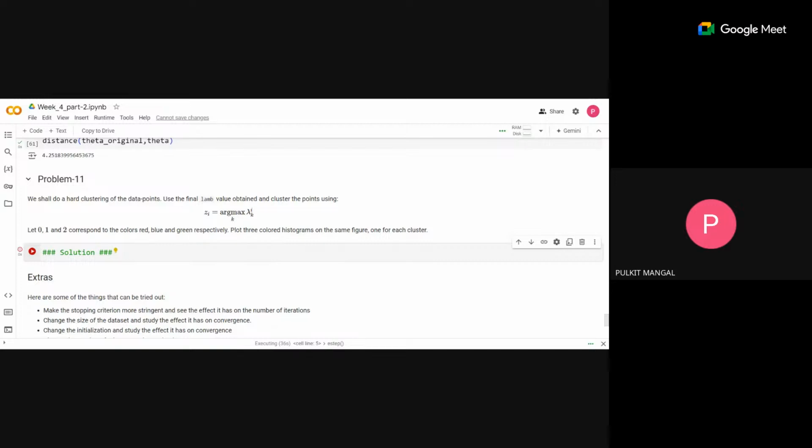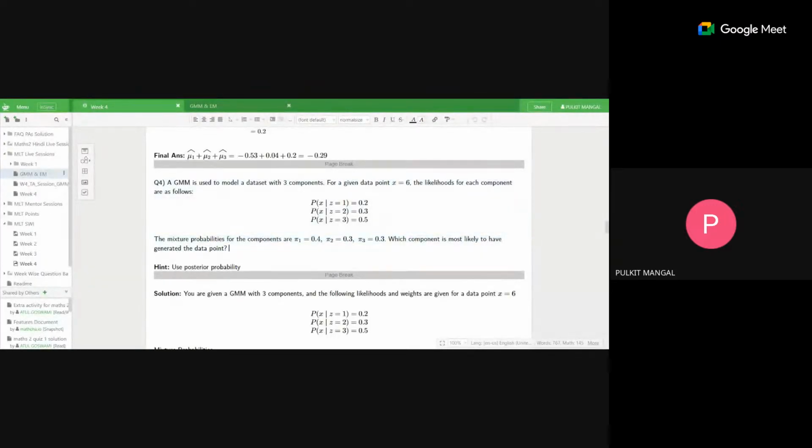So maybe let's do problem 11. I will tell how you do it. The similar type we discussed. Let's get back to the question that we discussed today, in which the question was which component is most likely to generate a data point.